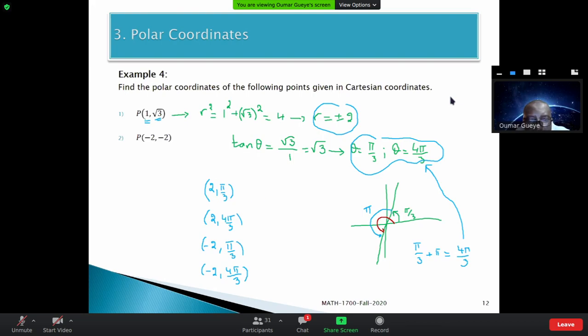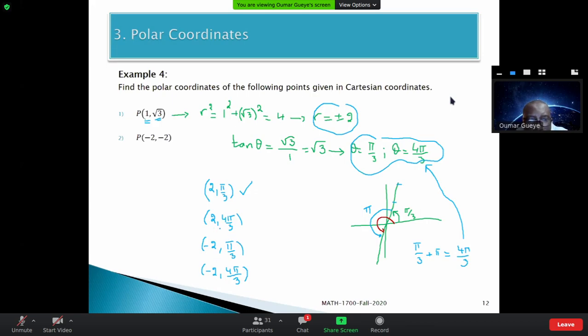So pi by 3 is in the first quadrant, and you take 2 units, because r is positive, it means your point is going to be here in the first quadrant. You have 1 unit and 2 units. So it means this works. Why? Because my point should be in the first quadrant, because x and y are positive.